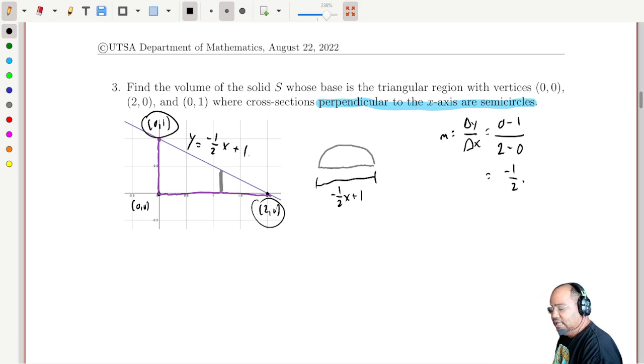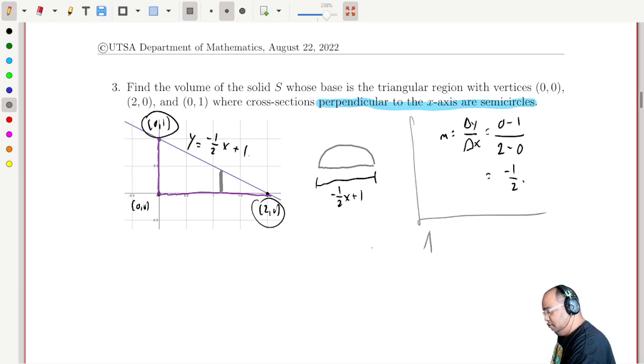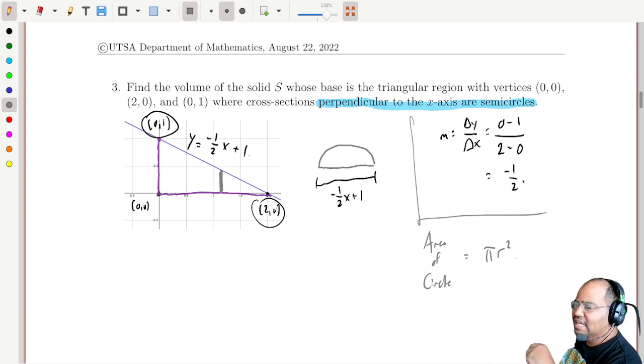But how do we find the area of a circle? Well, the area of a circle is equal to pi times the radius squared, but I have a diameter here, not a radius. And I also have half the circle.